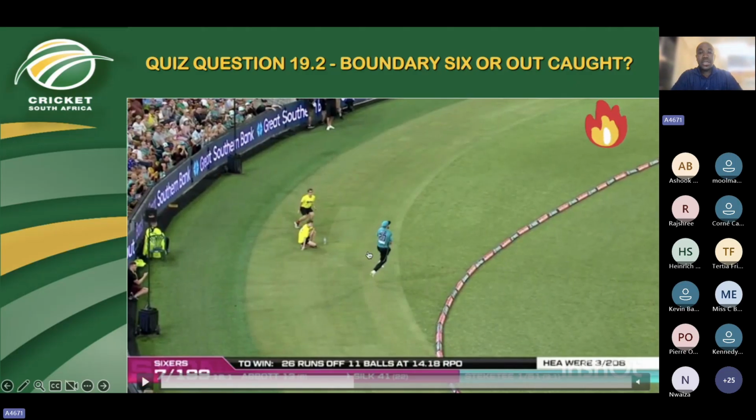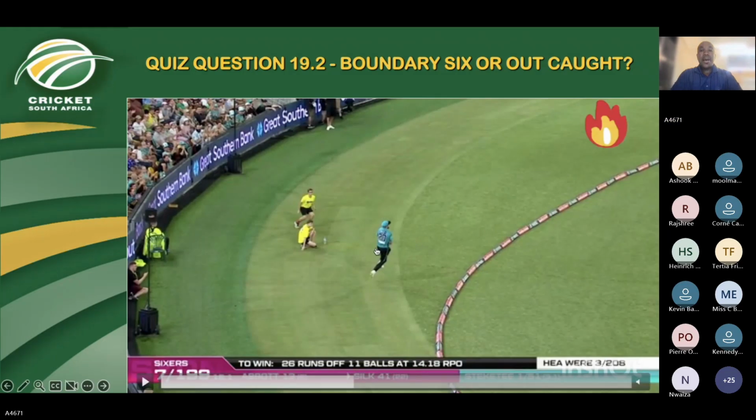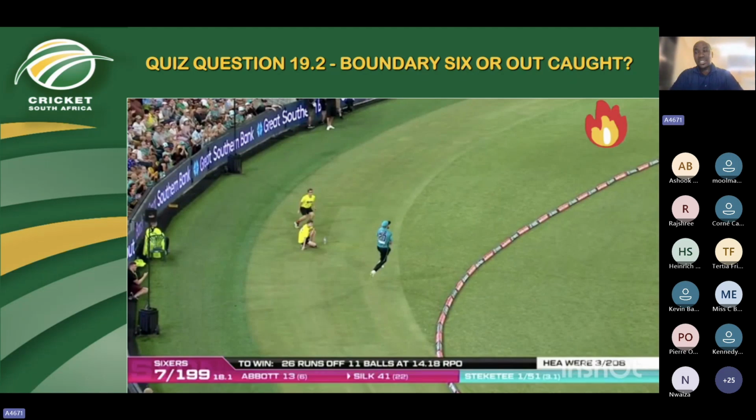He cannot make contact with the ball outside the field of play, even if it's in the air. He cannot land again outside the field of play. He needs to land from his first and only jump back in the field of play. So it sounds complicated, but it's actually making things a lot easier for TV umpires to adjudicate.